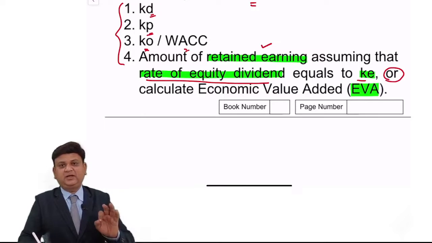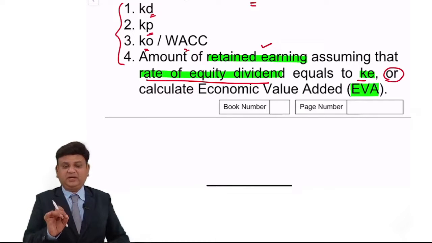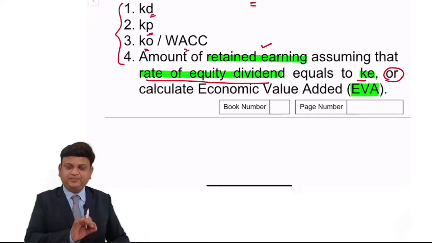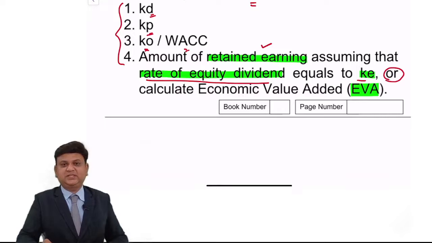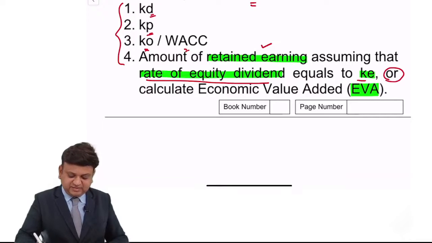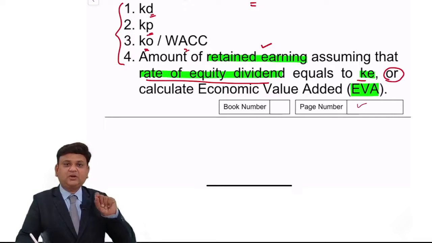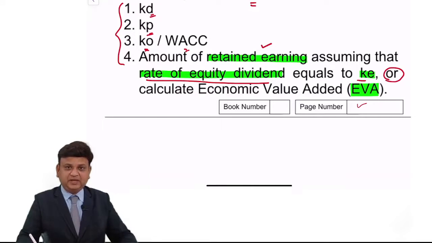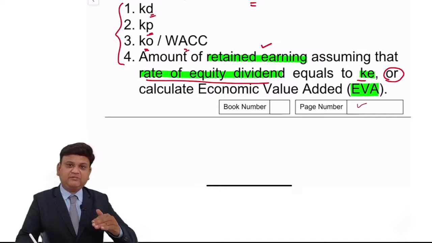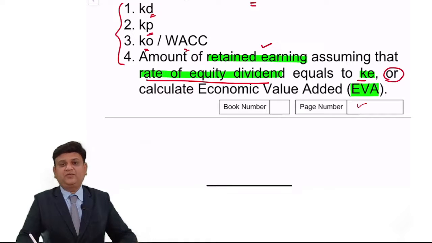It means the amount of the earning left with the company after making payment of all financial charges, including payment to the equity shareholders. That is given a technical name, economic value added. This is the amount of earning which is left with the company, and this is the amount by which the value of the equity shares is going to go up.